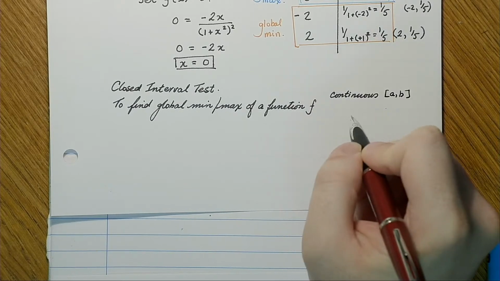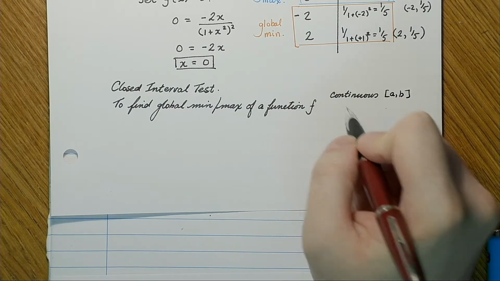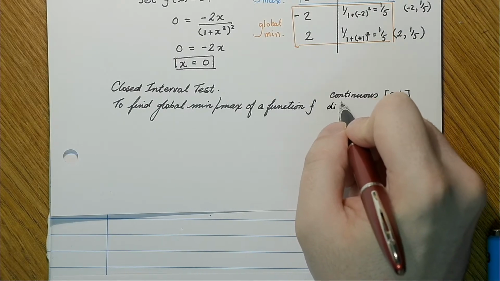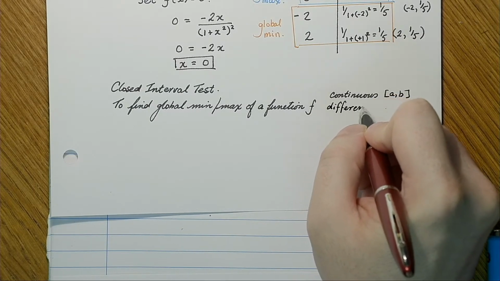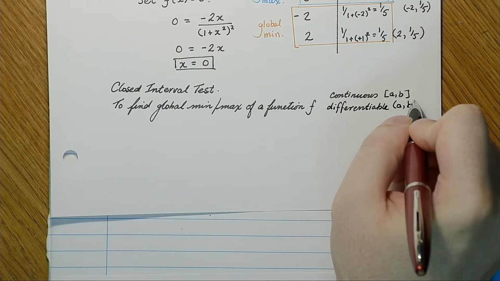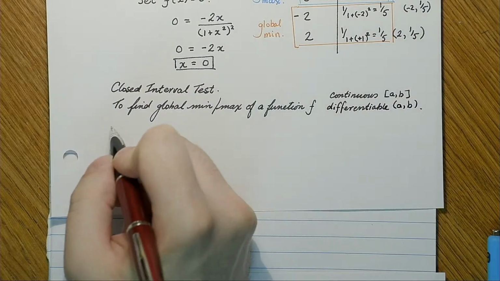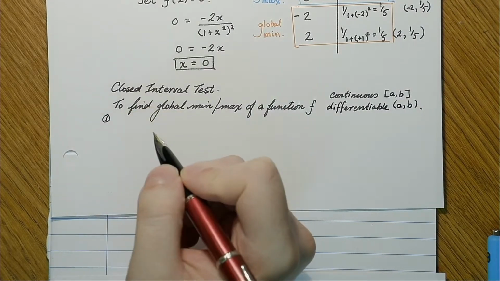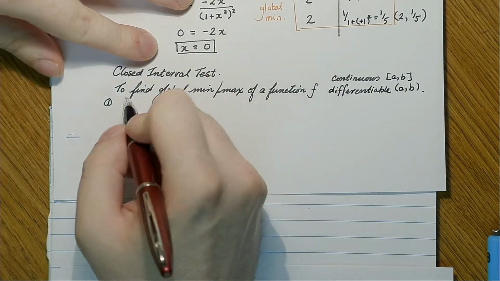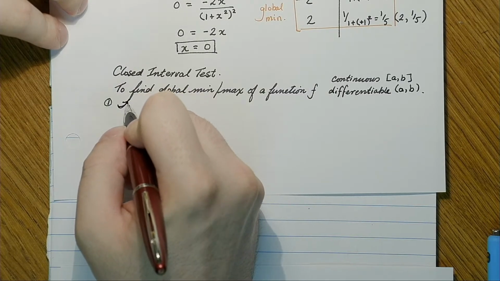And for this to work, we also require that it be differentiable because we're finding the first derivative. So that's another condition that we wanted: differentiable on the open interval. And so first of all, we find the critical points.